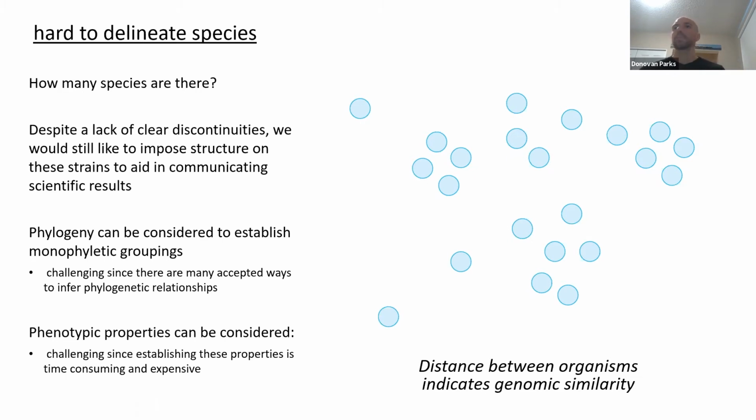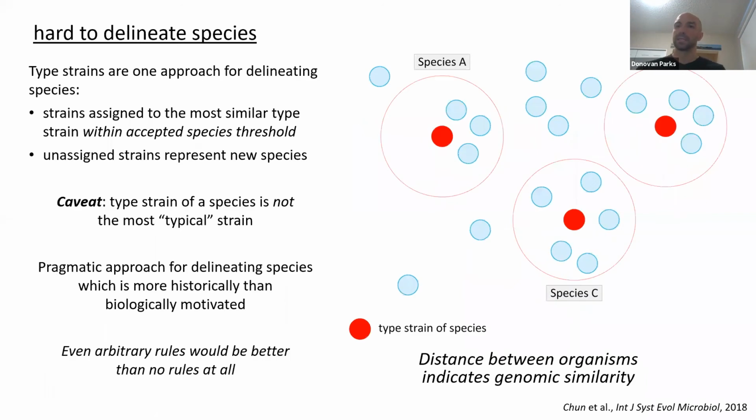So one approach that has been proposed is, again, to go back to this concept of relying on type material. This is something that was proposed in 2018 by Chung and his colleagues. The idea here is that since we already have this system of nomenclature where we have the type strain of a species, and that roots our nomenclature, perhaps we should also use that to root our taxonomy.